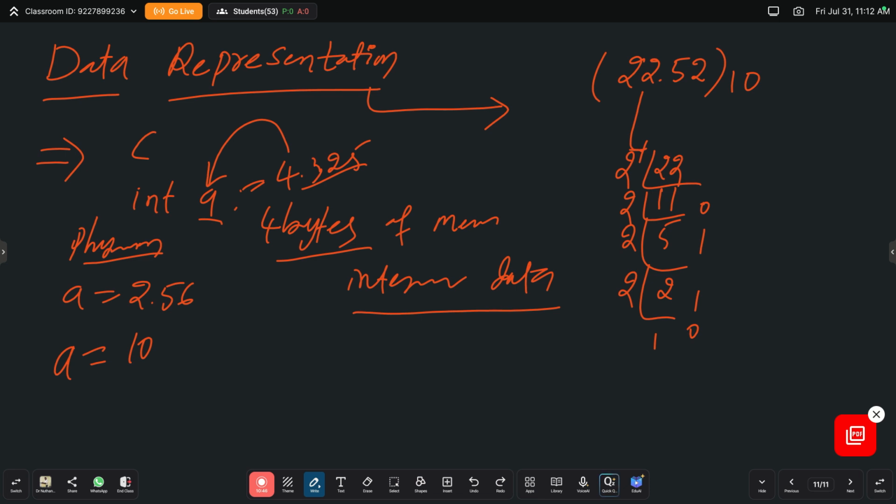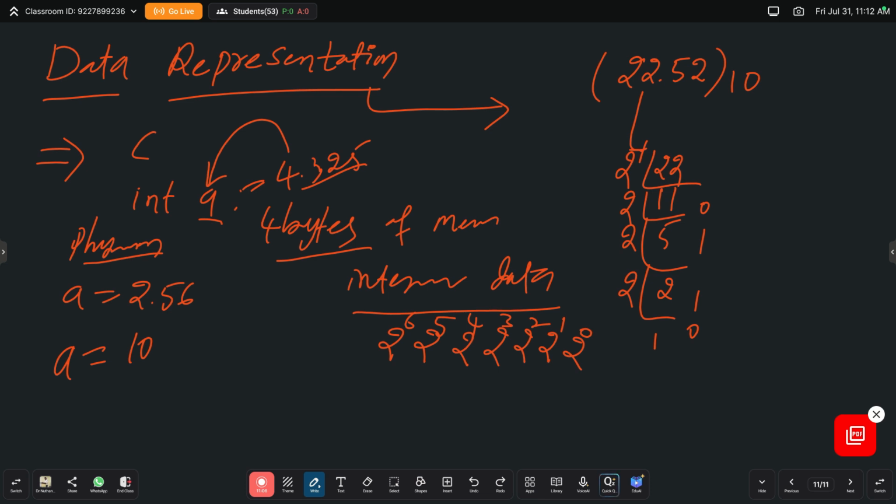One more procedure also. Any number, if you wanted to convert into a binary format, you should write 2 power 0, 2 power 1, 2 power 2, 2 power 3, 2 power 4, 2 power 5, 2 power 6. Means 7-digit length. Okay.